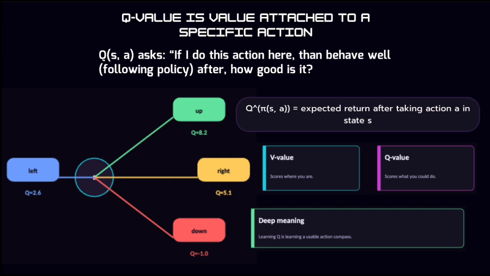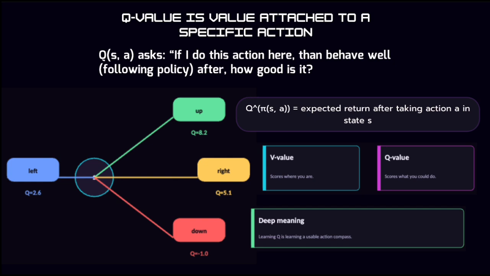If the agent only knows that a state is good or bad, it still needs to know what to do there. Q values attach value to state action pairs, so the agent can compare possible moves. Imagine standing at an intersection in a maze.